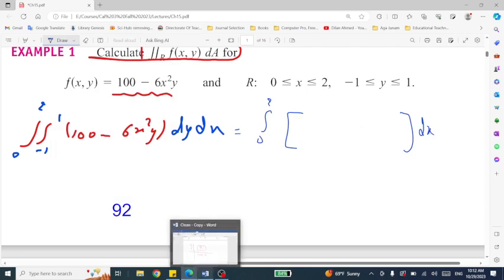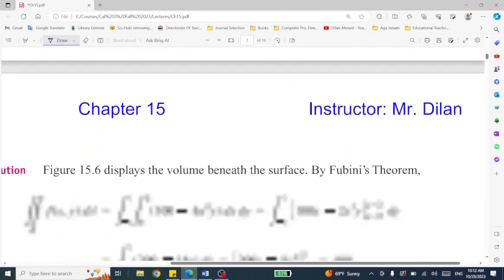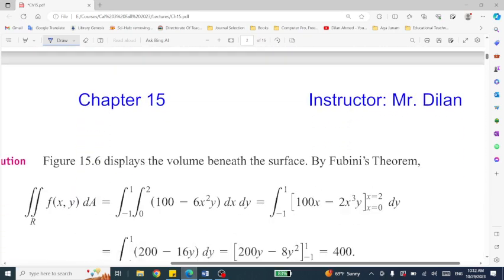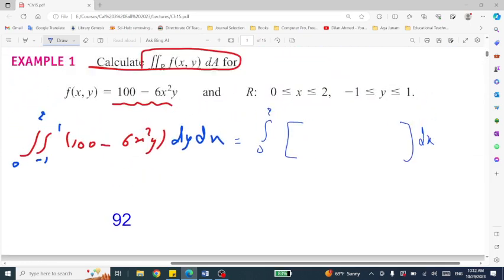Let me check your book. He made a dy? Yeah, so he solved it with the other method. I'm going to take dx out, and I'm going to solve dy, 100 minus 6x squared y.